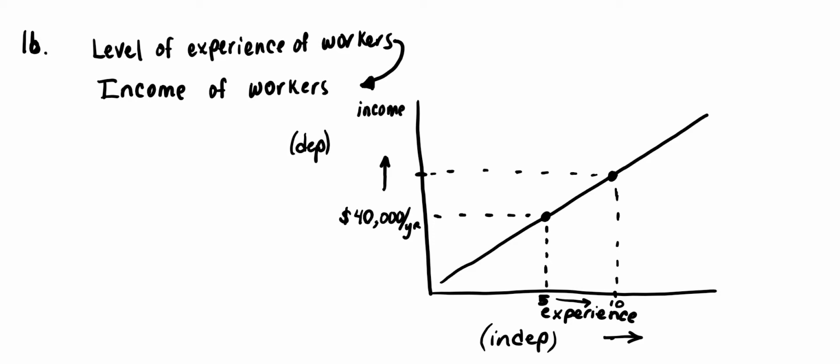And I'm making these numbers up. The important part here is that this is definitely higher than $40,000 a year. So I'll make up a number. Maybe this is $60,000 a year. Okay, and that's what it means to have a positive relationship. We've gone up in our experience, work experience, and we've also gone up in our annual income.